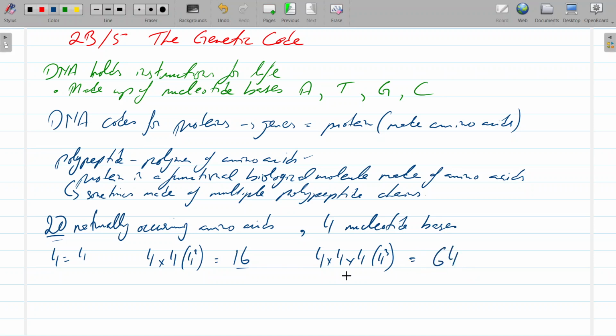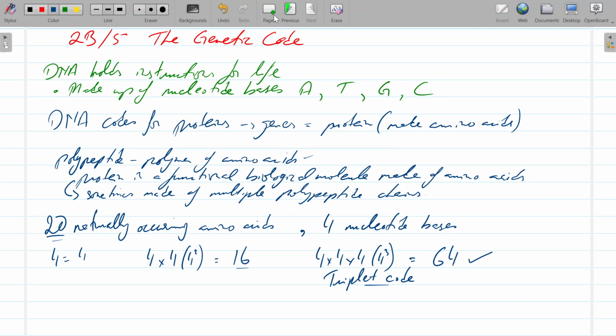And this is known as the triplet code. So this is what was discovered to actually take place. It's a triplet code. So there's 64 possibilities for these 4 alphabets to arrange. You only need 3 of them. And so you've got more possible combinations than you've got amino acids.